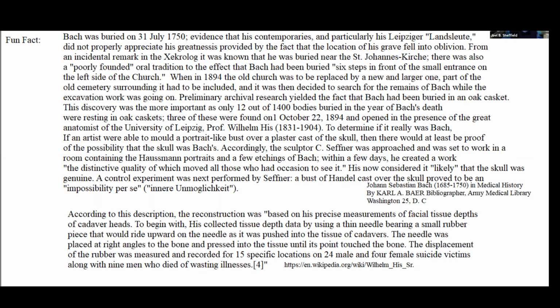Another essay suggests His had actually done a very detailed analysis of the relationship between the skin and the bones of the heads of cadavers. And so what he did was collect tissue depth data by taking a needle, if you can stand this, I'm sorry, into the tissue of the cadavers and measuring how far in it went.